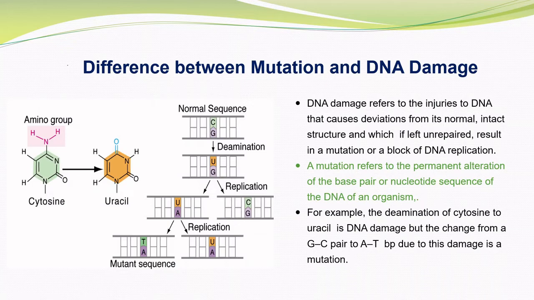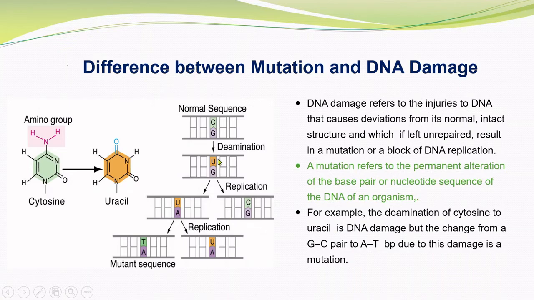Let's see how. In this diagram, you see the normal DNA has a GC base pair. Due to some external or internal factors, cytosine loses its amine group and it deaminates to uracil. Now, this uracil is not the normal base of DNA.